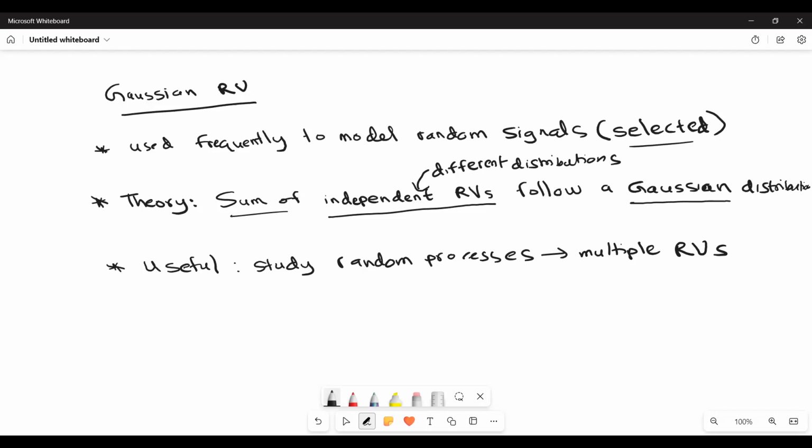Okay. So we'll be talking about multiple random variables in a little while, in a later instance. And we will talk about how we can model the Gaussian random variable now.